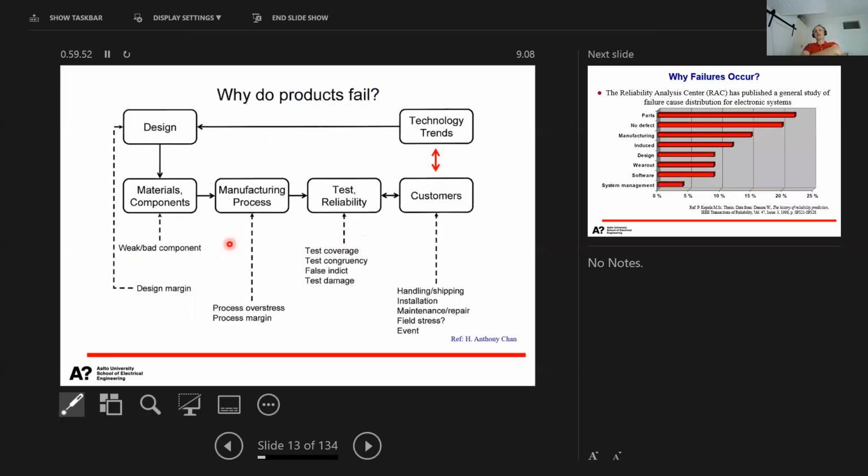So here is just a slide for a generic idea: why do products fail? And maybe here we want to blame the customer. So everything is kind of coming back to the new things which we want to include.